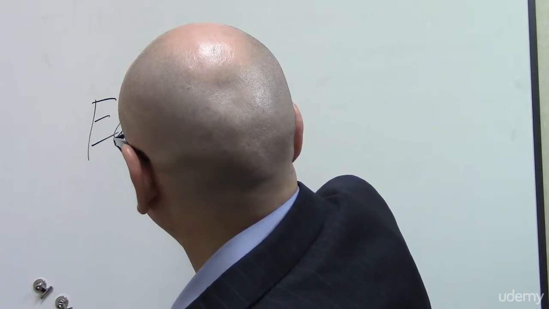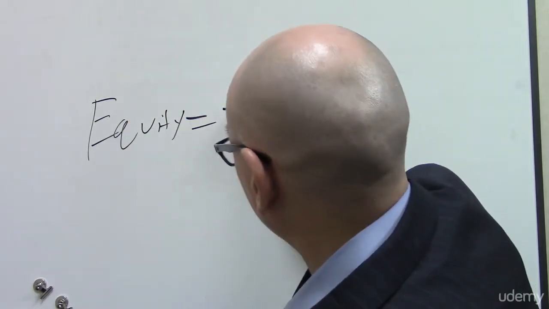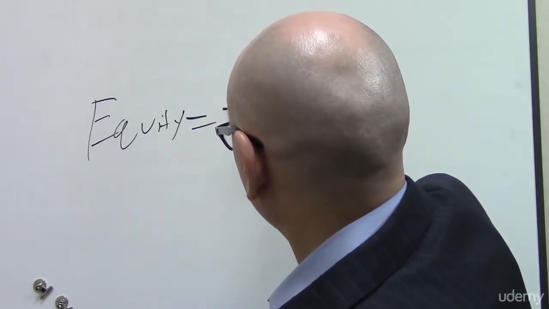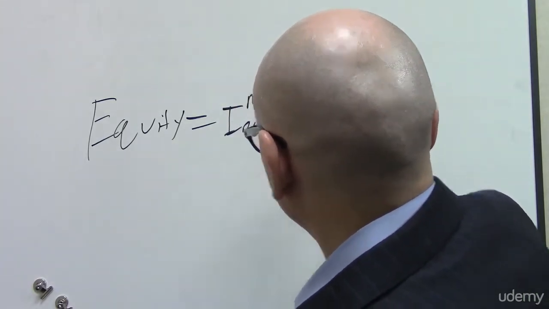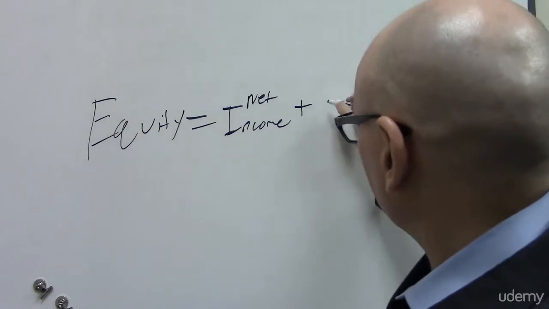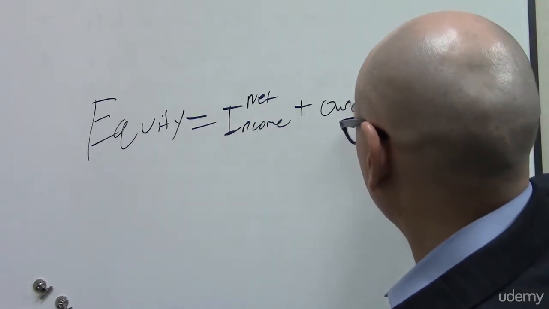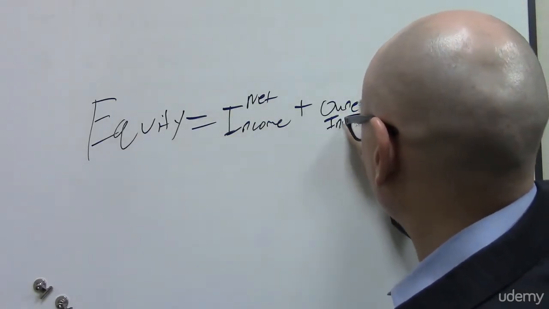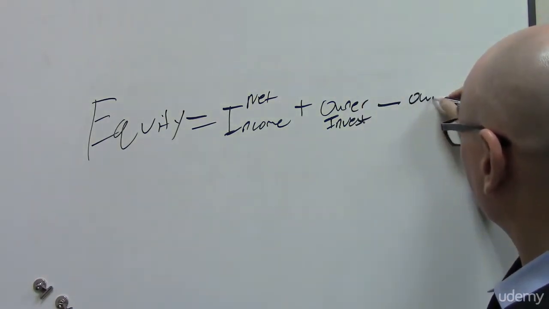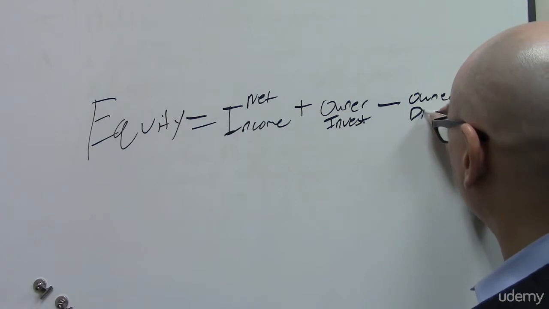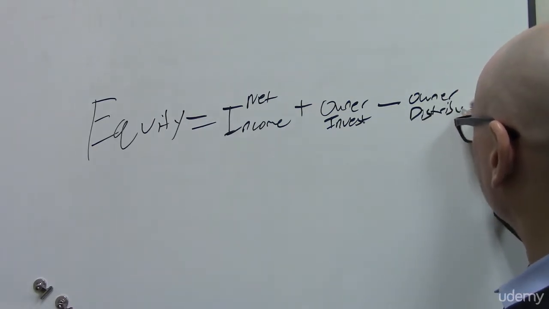And then we have our equity equals income plus owner investment minus owner distributions.